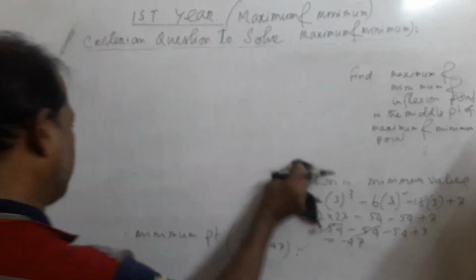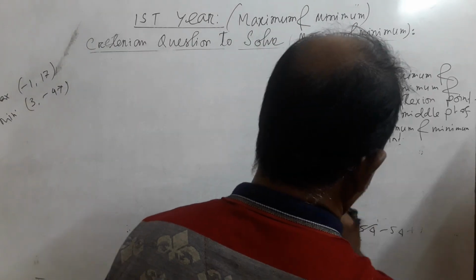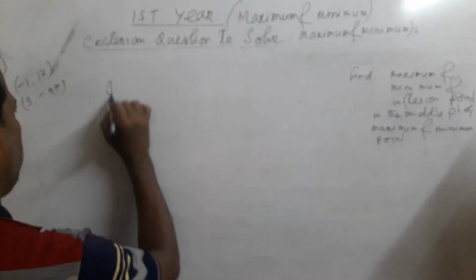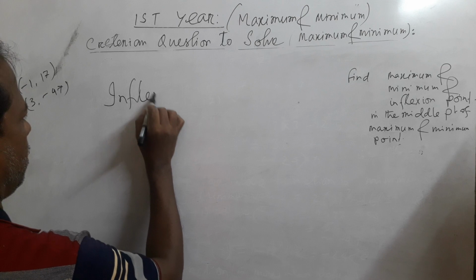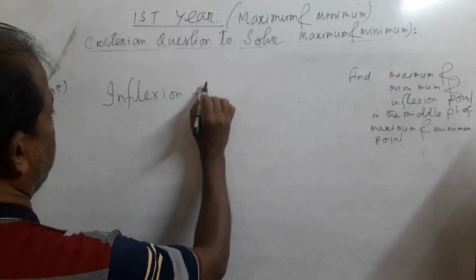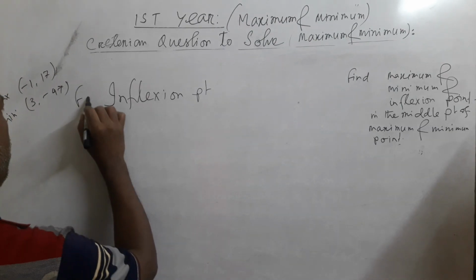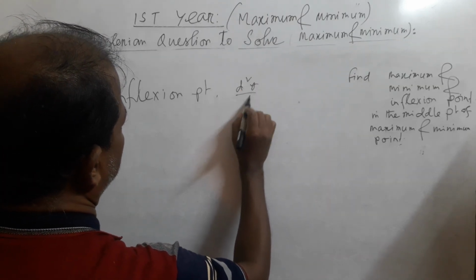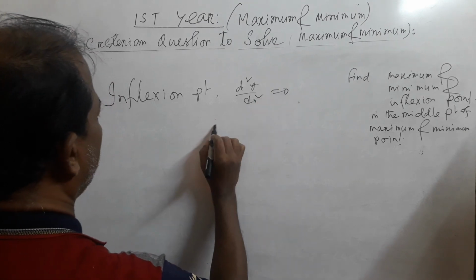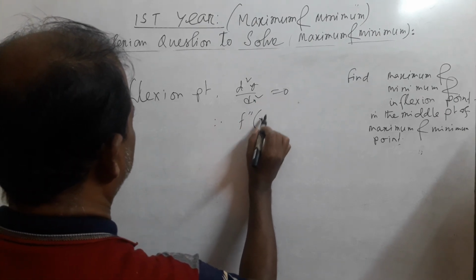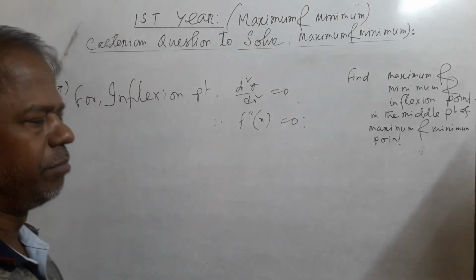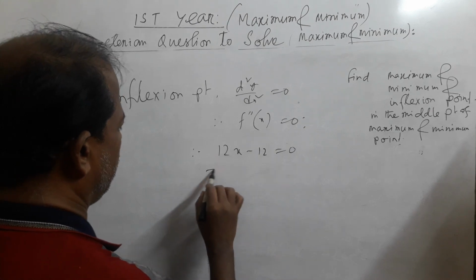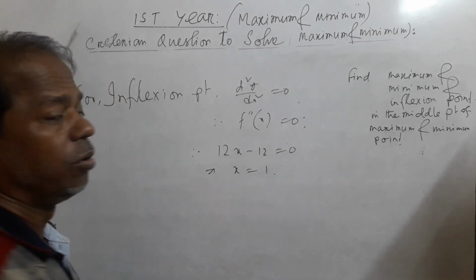Therefore, for the inflection point, d square y by dx square equals 0, or f double prime of x equals 0, is the same. Therefore 12x minus 12 equals 0. That's why x equals 1.